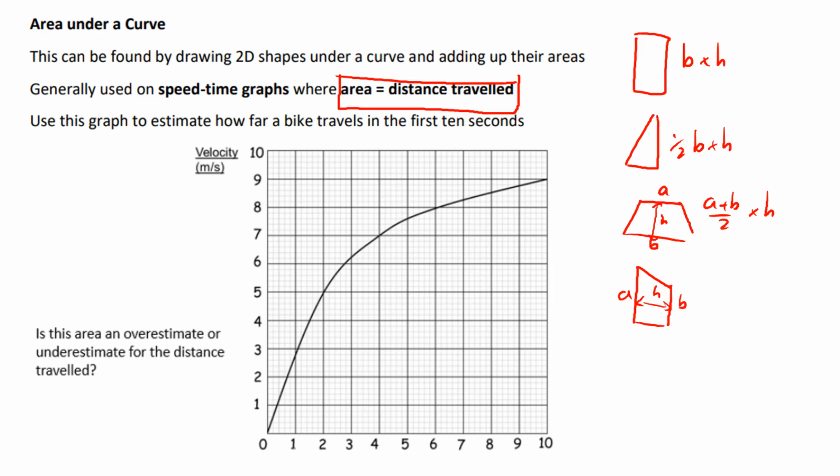Now I would recommend you split it into a couple of bits. I'm going to split it here and here, because those are nice squares that go through what I've got, and maybe here as well. So I will say that I'm starting off with a triangle, that I'm then going to have a trapezium from here to here.